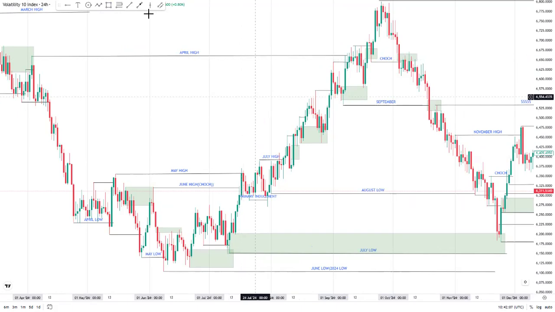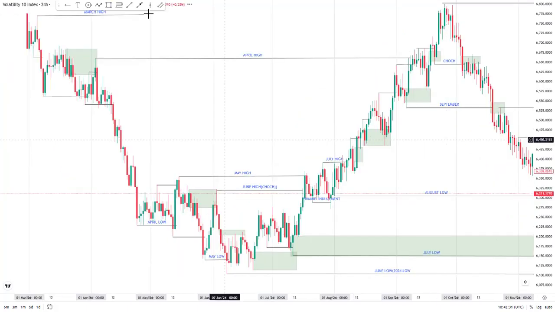So we trade from internal range liquidity to external range liquidity. When we say internal range liquidity, for example here, fair value gaps are internal range liquidities, trading towards the external range liquidities. The external range liquidities are the monthly highs and the monthly lows. So you see, it's simple, guys.